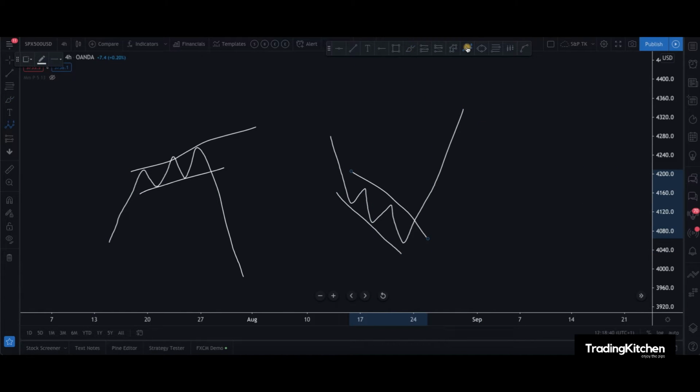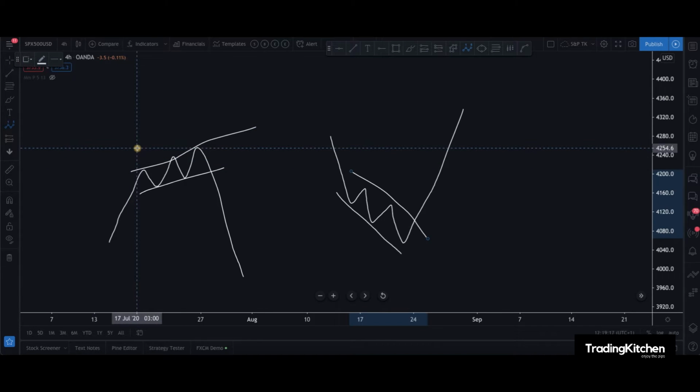How do we draw the 0.5 point? The 0 in this case: when the channel is in the same direction as the impulse, the 0 point must be at the beginning of the impulse, not at the beginning of the channel, as when we have impulse down and channel up.